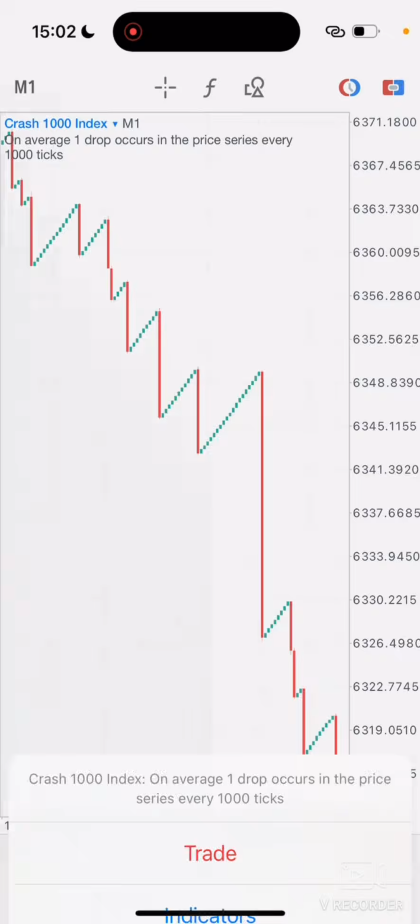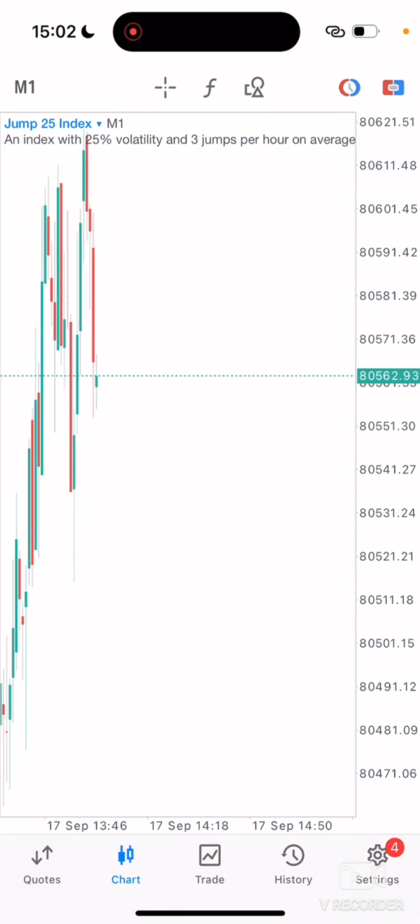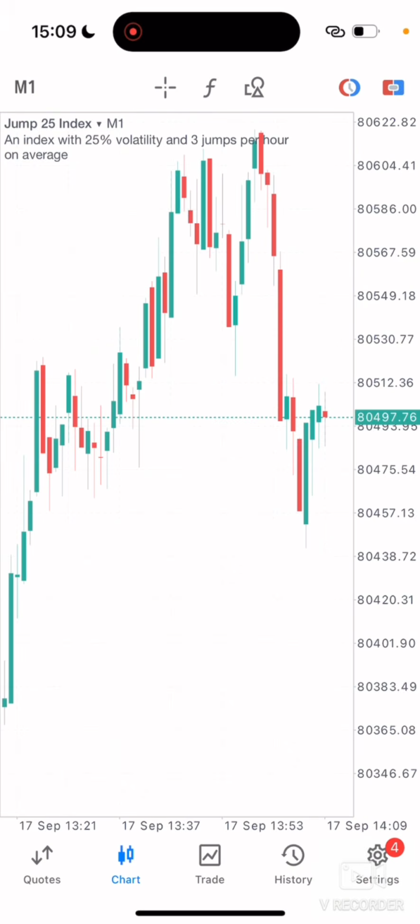Now, I also want you guys to note that we have the Jump indices. As for the Jump index, the market doesn't only spike towards one direction. The market spikes both ways. It may be a buy spike, it may be a sell spike. The thing with trading Jump indices and the Crash and Boom indices is that if the market goes towards the direction you predict, you make a lot of money.